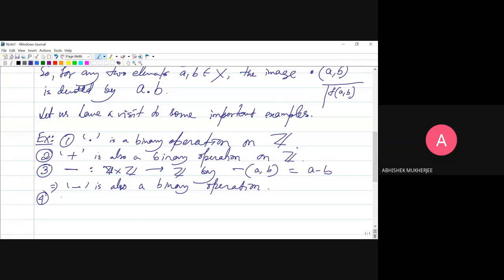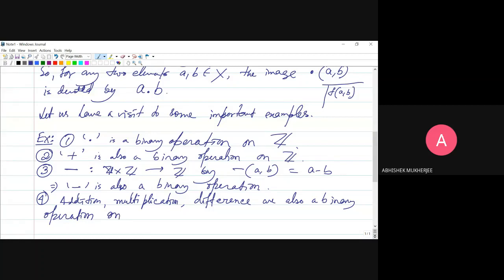So the addition, multiplication, and also difference are also binary operations on Q, and also on R, the set of all reals.